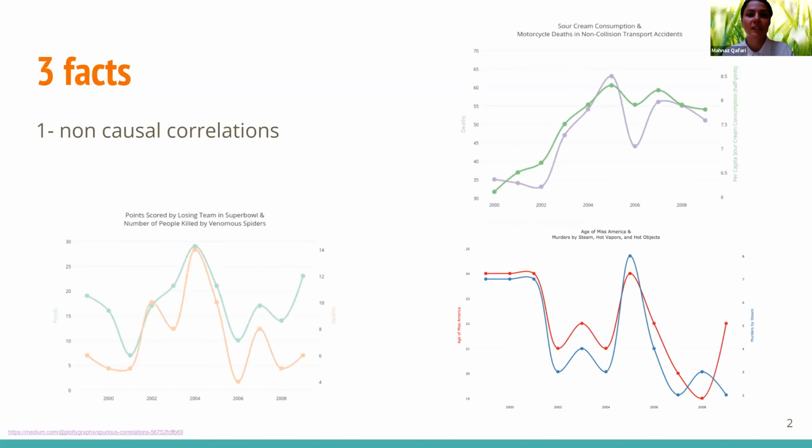First of all, we can see a lot of very nice, strong correlation between features in the data when these correlations are not causal. Here you can see three examples, and I myself like the middle one, which shows a very high and strong correlation between the age of Miss America and the number of murders by steam, hot vapors, and hot objects.